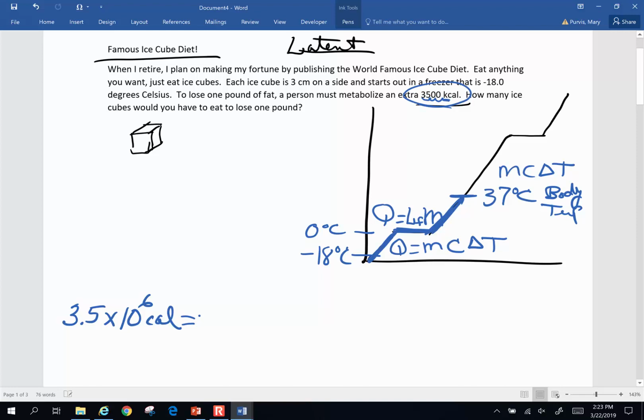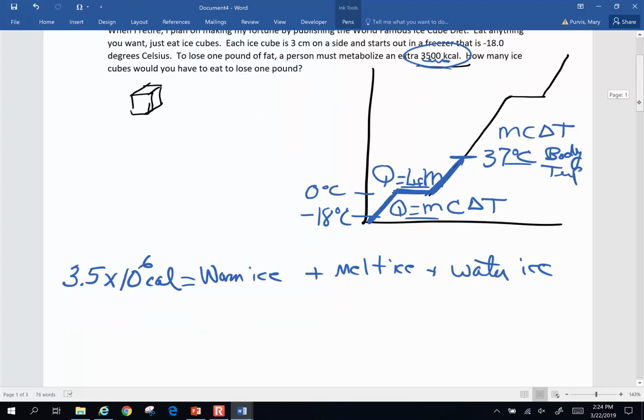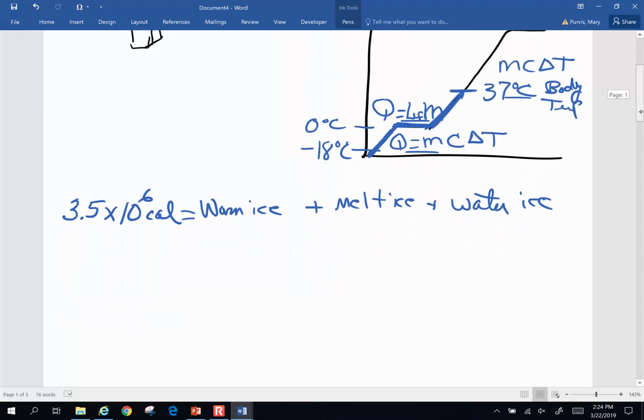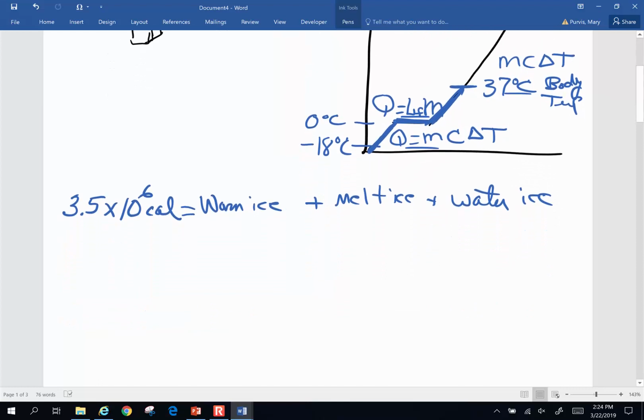And the heat is going to be taken from these 1, 2, 3 locations. So I am going to spend that heat warming the ice, melting the ice, and then warming the water that used to be ice. And the question is, what's the mass? How much ice am I going to actually have to eat?